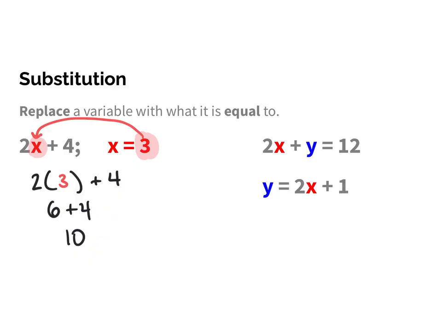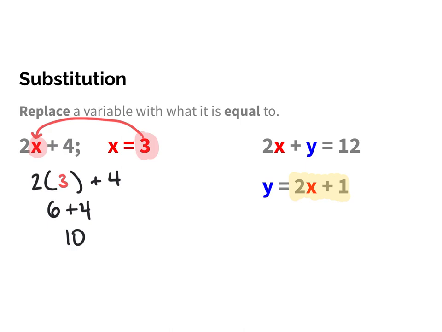Now, what we're going to do is we are going to substitute in a system of equations. So instead of just giving you an answer like, hey, x equals 3 and plugging that in, instead what you're going to get is an expression. So our goal is to do the same thing. Now it's going to be a little bit tricky, but our expression literally says, if you look at the second one, it says, hey, y is equal to 2x plus 1.